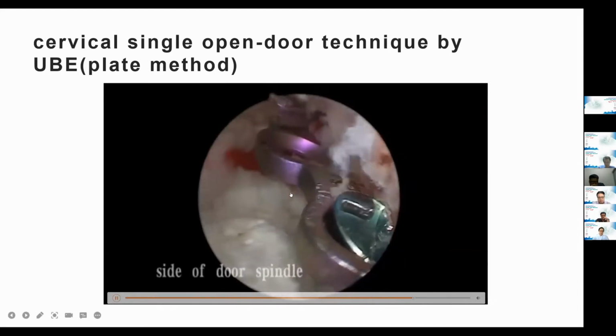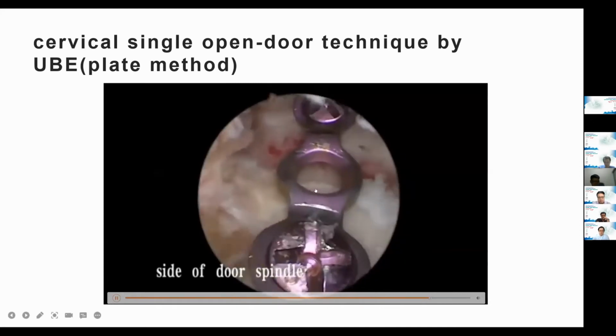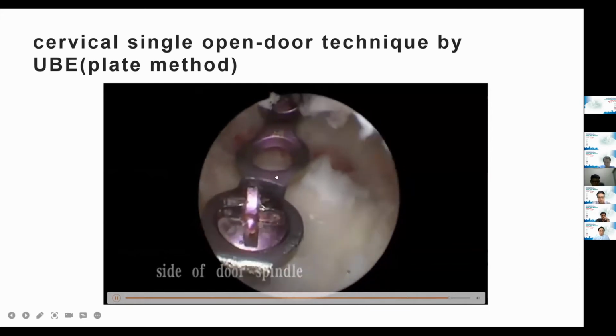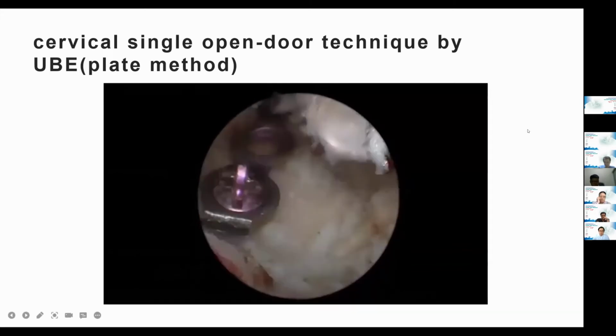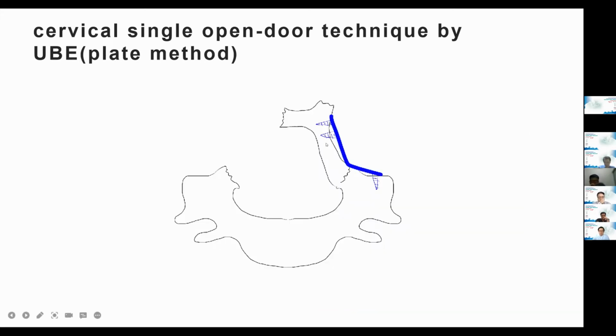This is the door spindle side. You can see the plate. I think we choose the spindle side to insert the plate is very safe because there is no nervous structure. So I choose the door spindle side plate.